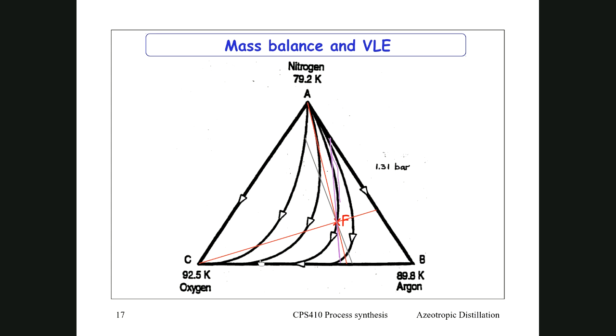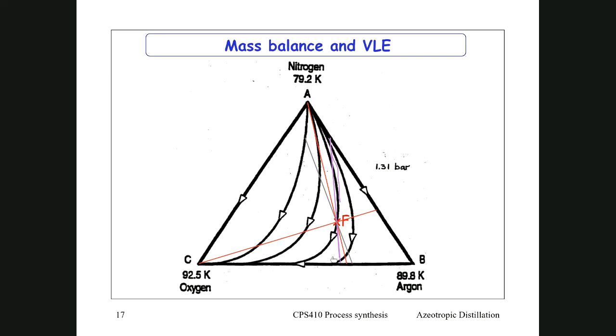If we work in the other direction and we start over here, and we go through the feed, we can't cross that same residue curve again on the other side. So this is not a possible region.